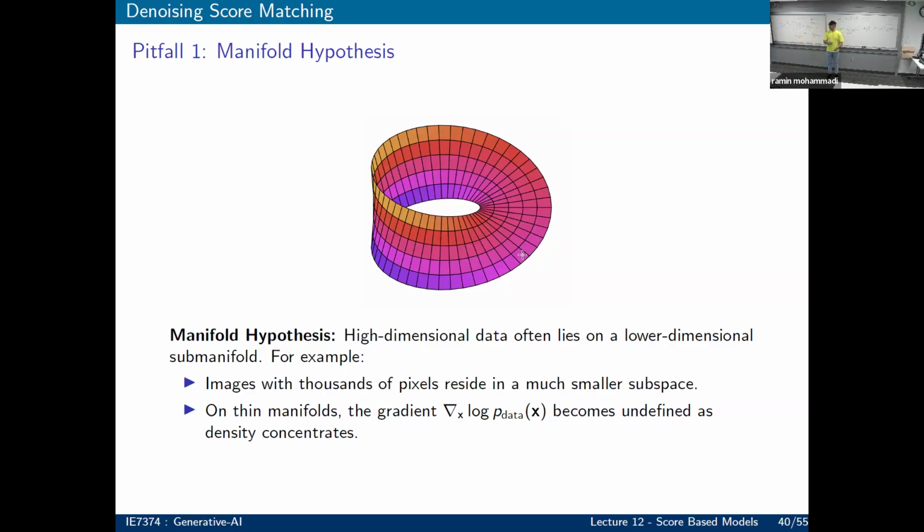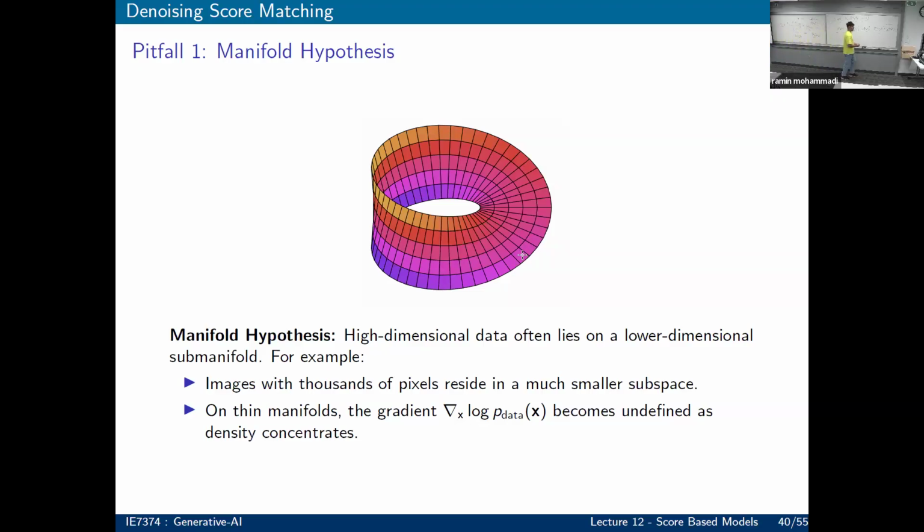So the intrinsic dimensionality is low, but the image is in a high dimension. That's the idea here: high dimensional data technically exists on a lower dimensional manifold.